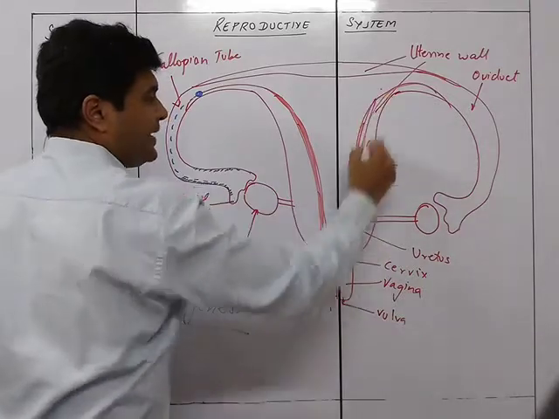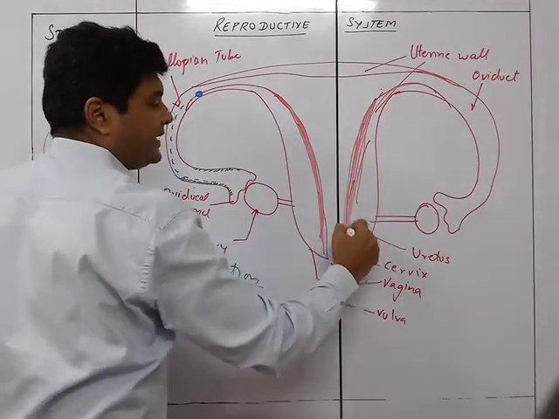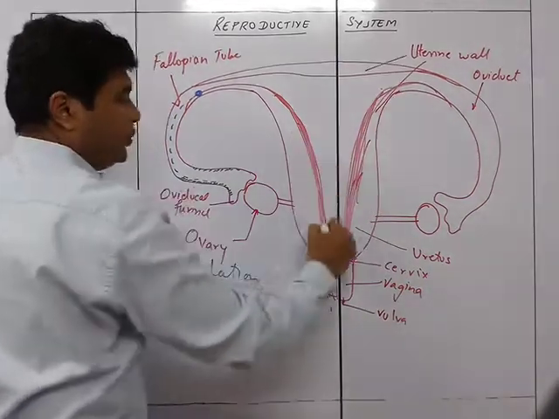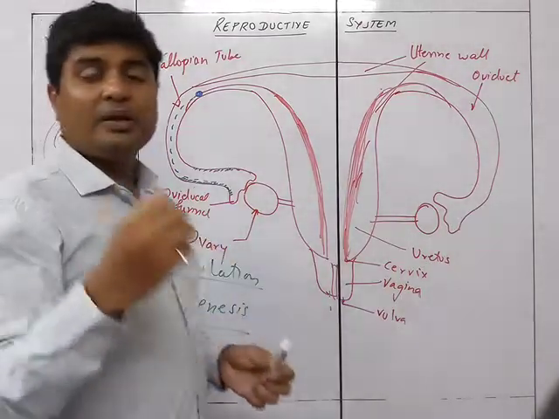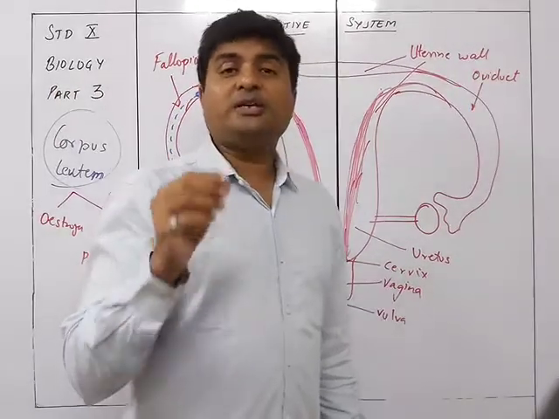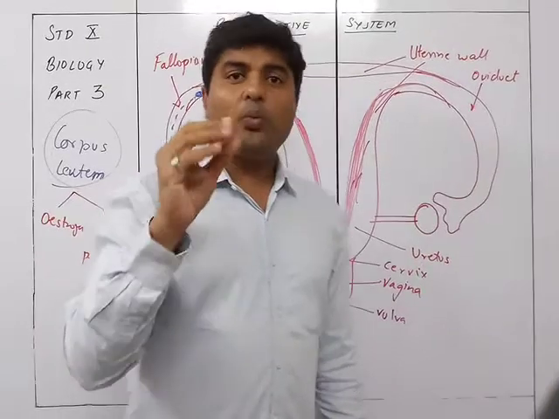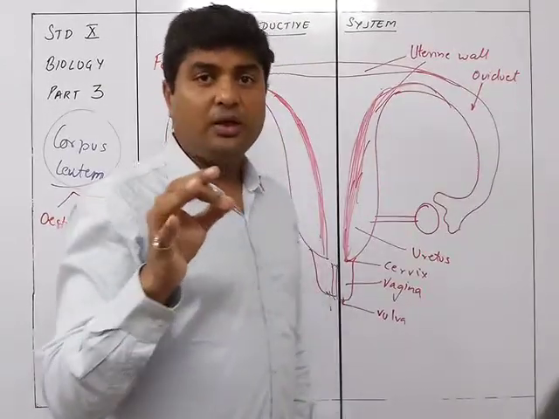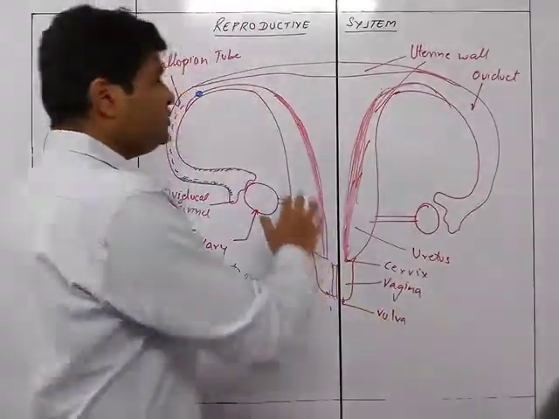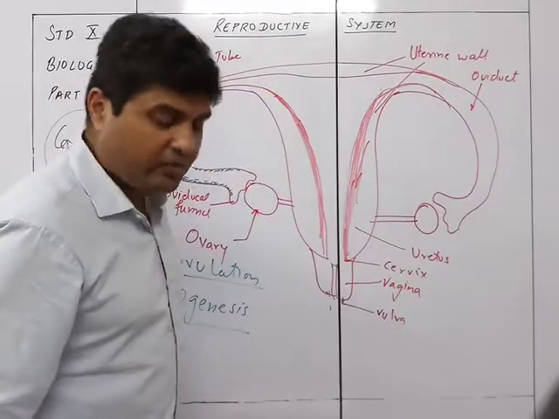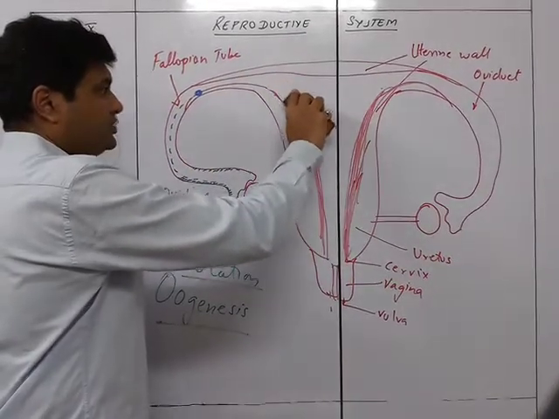So for implantation of the embryo it is necessary that the walls of the uterus are thickened. Now, at the start of the menstrual cycle, these walls are going to shed.